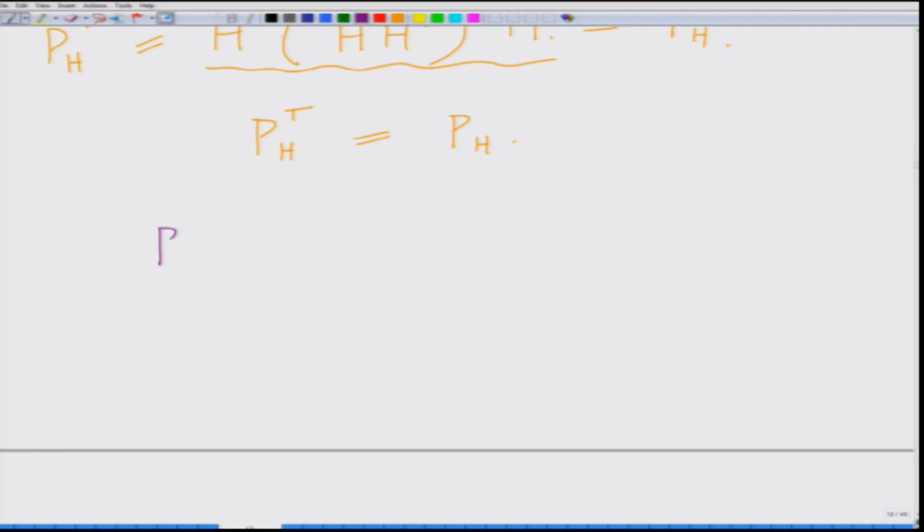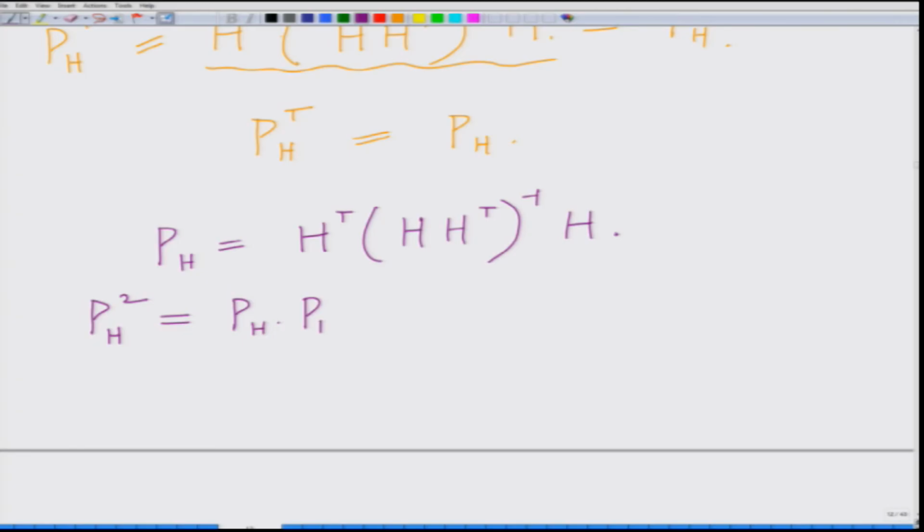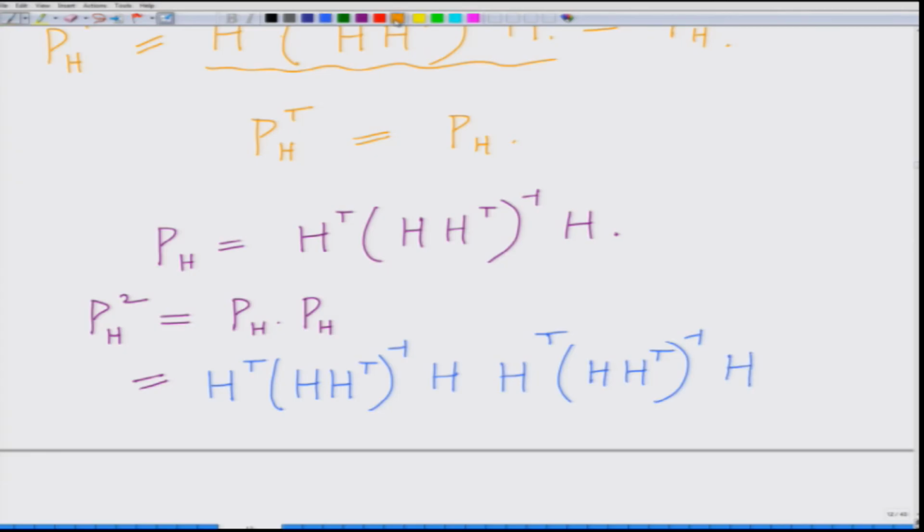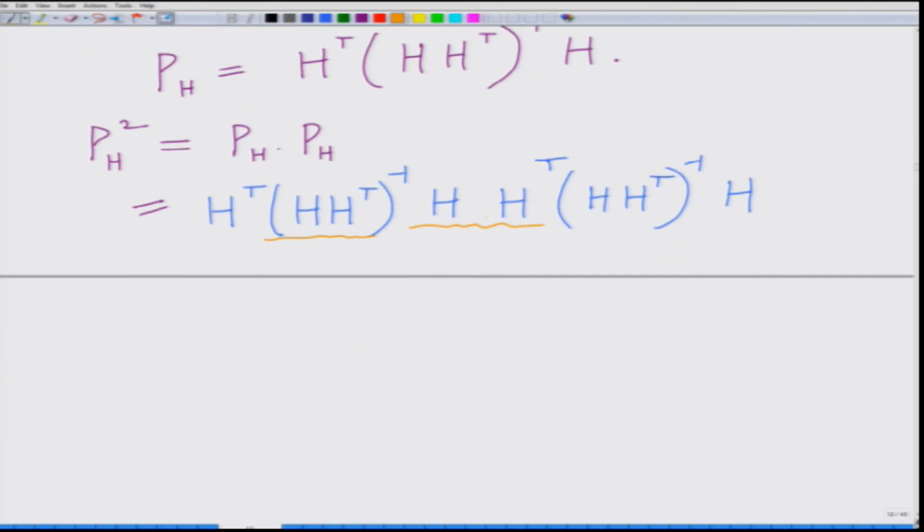Let us look at another interesting property. Recall that PH is equal to H transpose times (H H transpose) inverse times H. Now, let us look at PH square, which equals PH times PH, which is H transpose (H H transpose) inverse H times H transpose (H H transpose) inverse H. Now, H H transpose inverse into H H transpose equals identity.